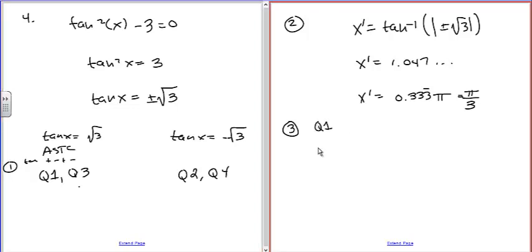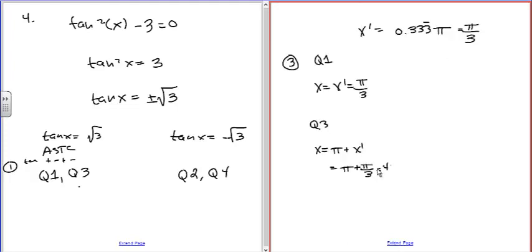So the first quadrant solution, x is equal to x prime, so it's pi over 3. Again, to go with this plus the square root of 3, the next thing is the third quadrant. X is equal to pi plus x prime. So you get pi plus pi over 3.